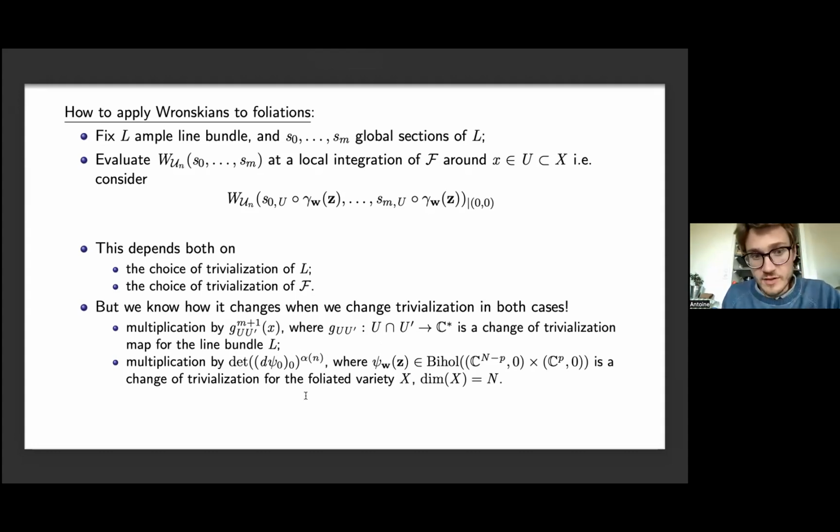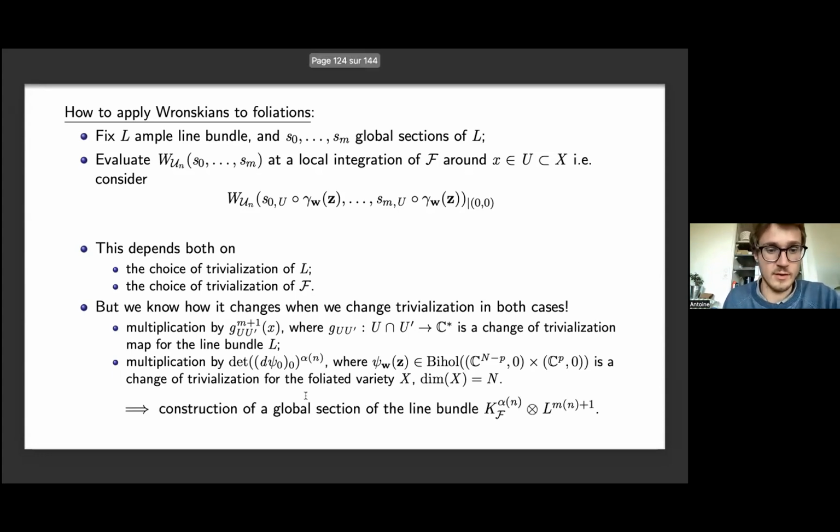And so all of this allows us to show that this local definition actually allows us to construct a global section of this line bundle. So here for the L to the power m plus 1, this comes from it. And here, well, you can take it as a definition of the canonical bundle of the foliation.